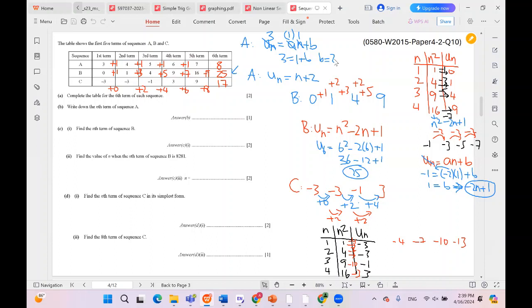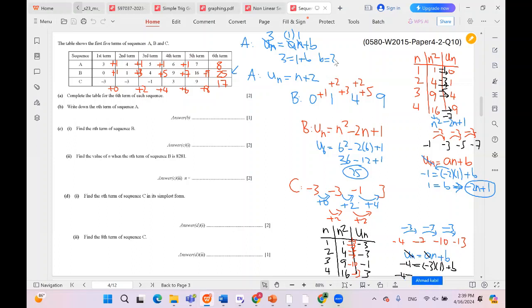So -7 minus -4, you're actually subtracting 3 each time. And this is a linear sequence, so un equals an plus b. Here for un, this is -4. The a is -3, and the n is 1. If we take the -3 to the other side, it becomes +3.